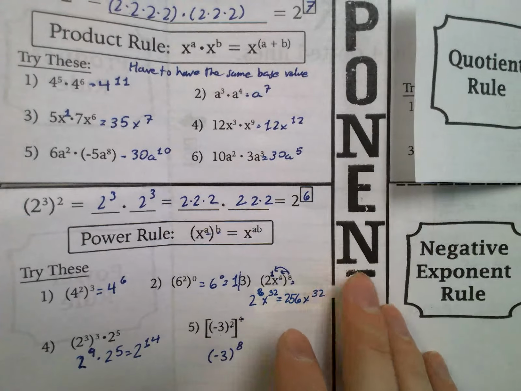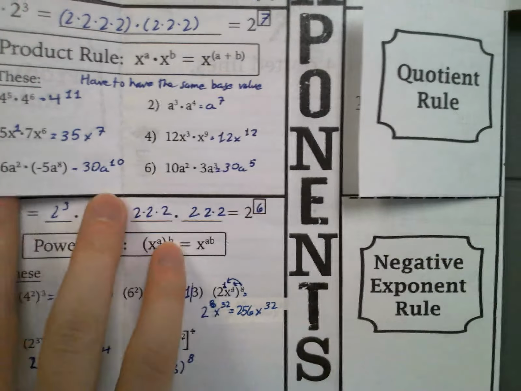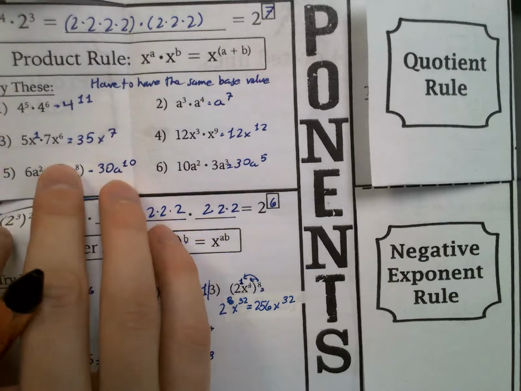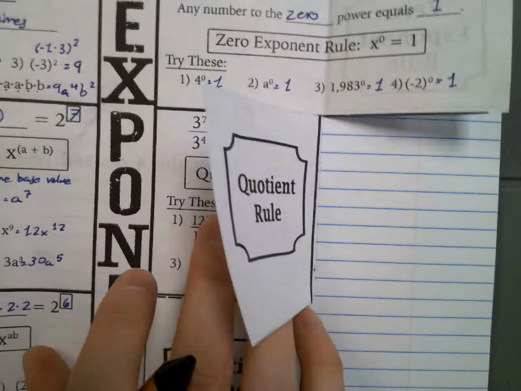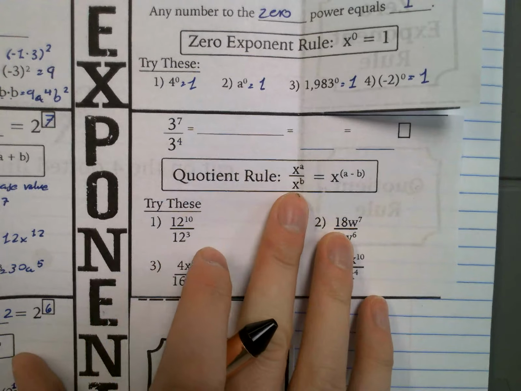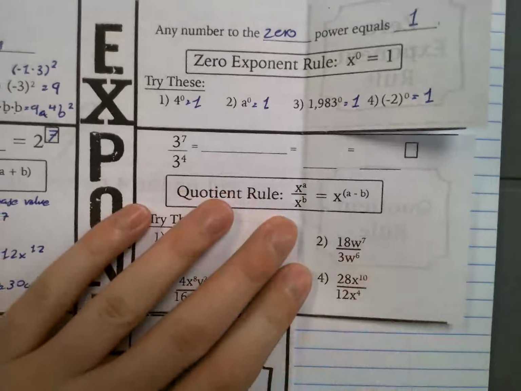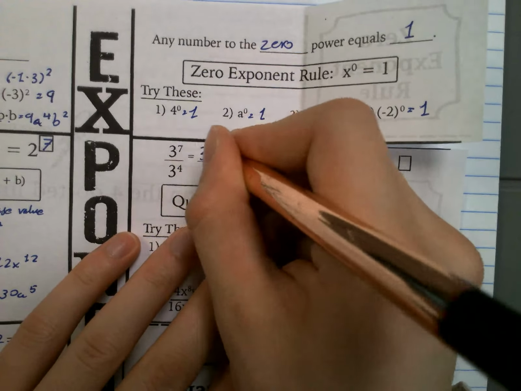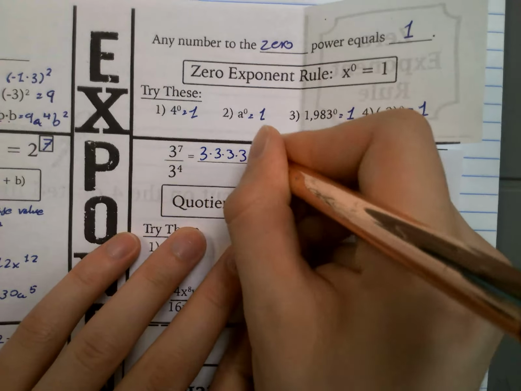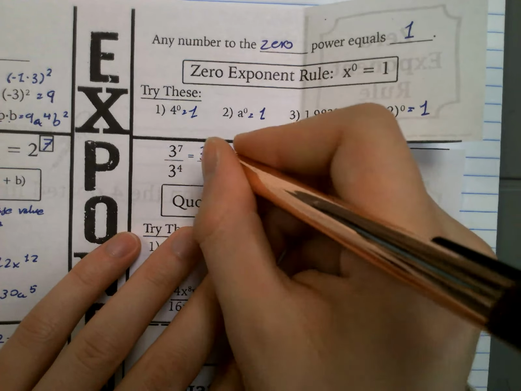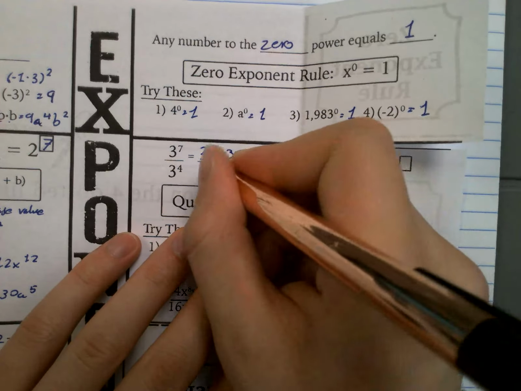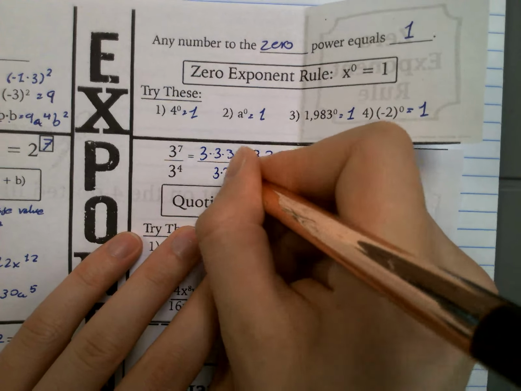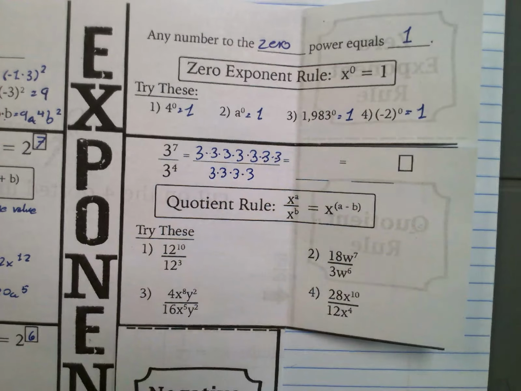All right, let's talk about now the quotient rule. So if the product rule adds, what do you think the quotient rule does? Subtracts, right. Okay. If I have 3 to the 7th over 3 to the 4th, here's what's going on when we do that. We have 3 times 3 times 3 times 3 times 3 times 3 times 3. 1, 2, 3, 4, 5, 6, 7. Then we have 3 times 3 times 3 times 3 on the bottom.